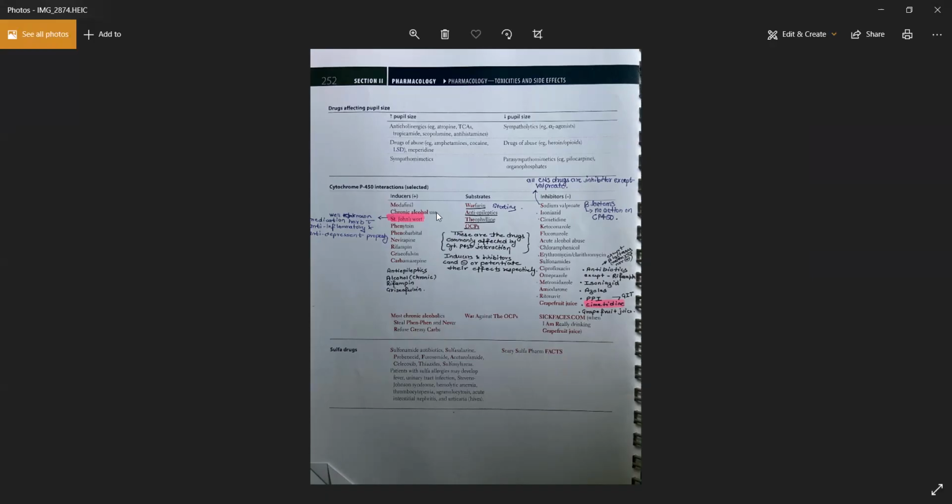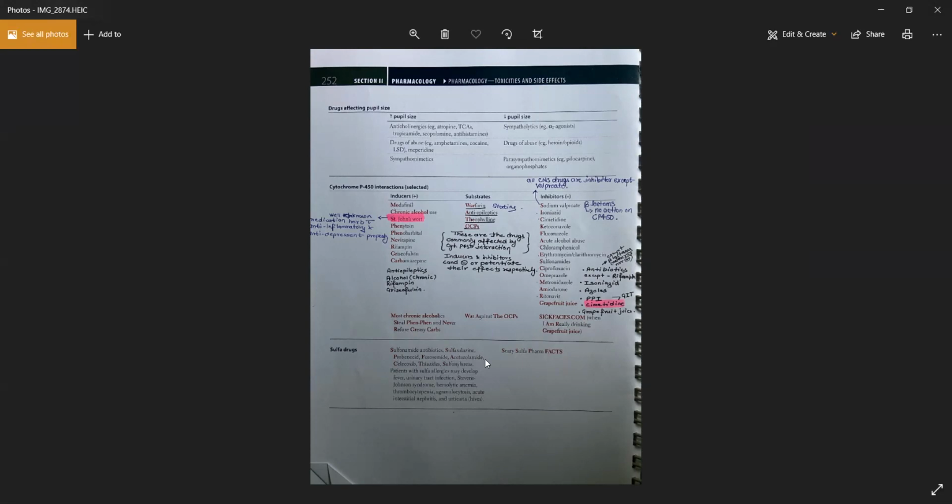You use this for the treatment of Parkinson's. Remember? It could be an inducer, but it is neither the inducer nor the inhibitor. I think that's about it. And the sulfur drugs, you don't need to remember any of that.